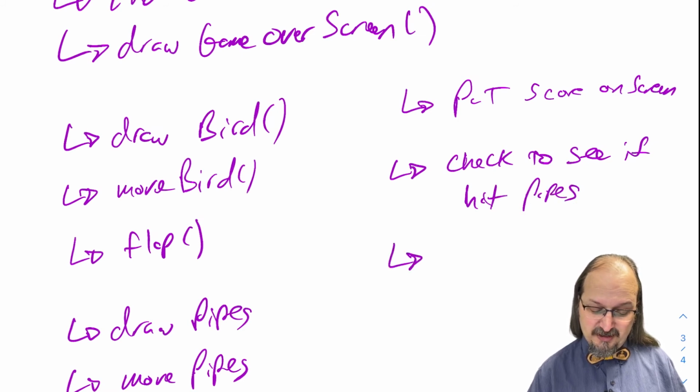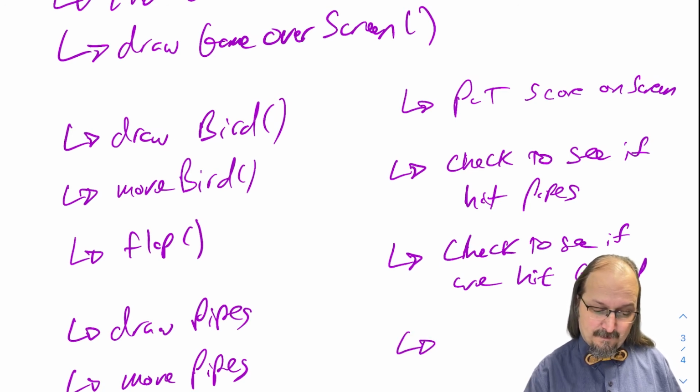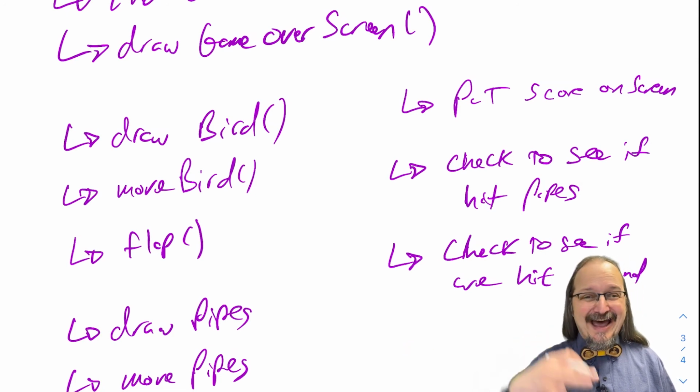We also need to check to see if we hit the ground. And then we need to end the game. Oh, we already have an end check. So far so good. So these are the tasks that we need to do.